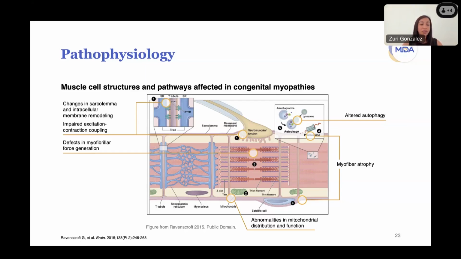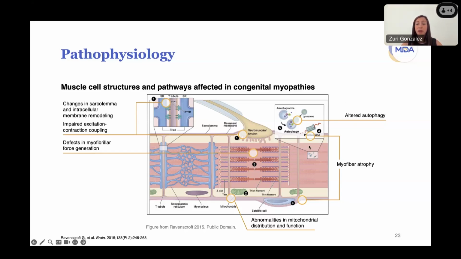And again, we can also see these in RYR1, in mutations associated with MTM1 and selenoprotein. And we can see that when the filaments of the sarcomere are affected, as shown in number 3, we can also have another group of disorders.